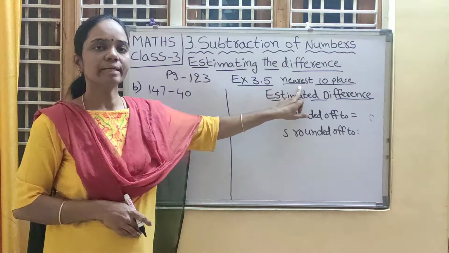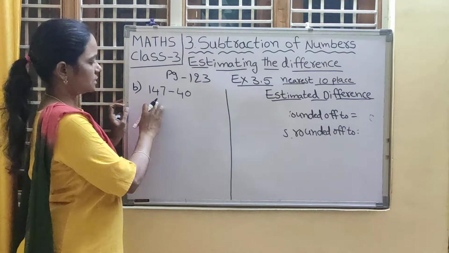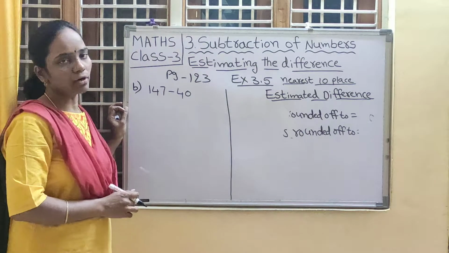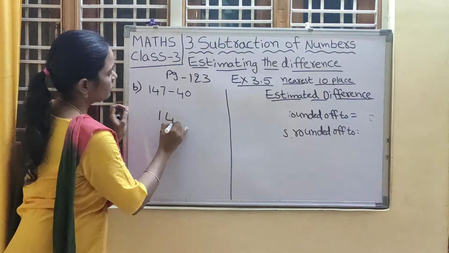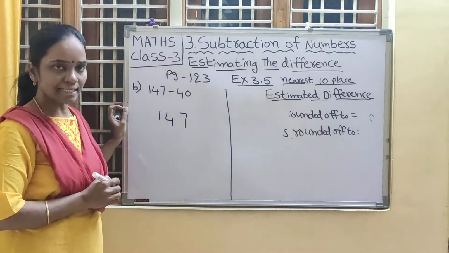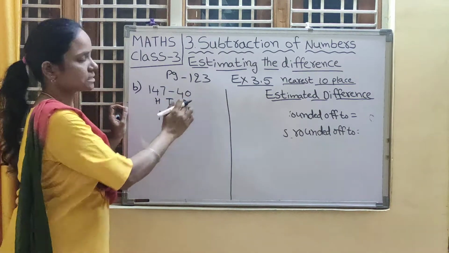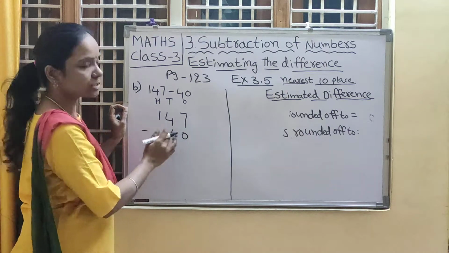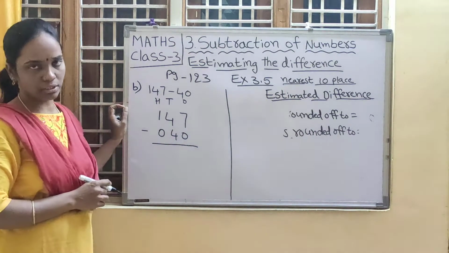Here we are rounding off the numbers to the nearest tens place. So first see this B bit, children. 147 minus 40. First find out the actual difference. So 147 is a 3-digit number. Next, 40 is a 2-digit number. So for hundreds place we have to put 0.